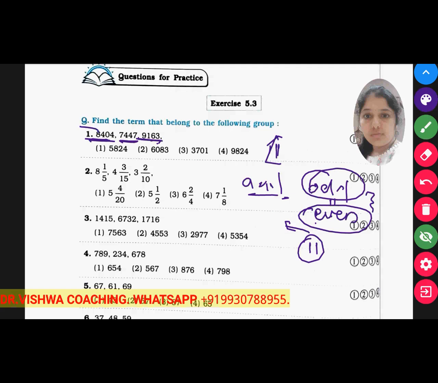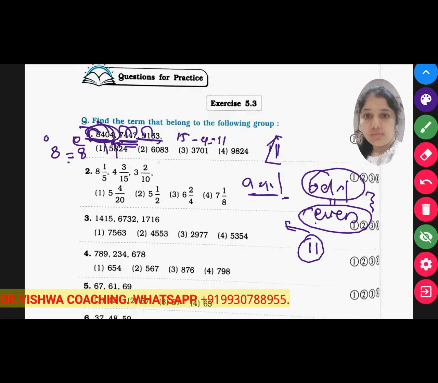Here, 8 and 0 are in the odd places and 4 and 4 are in the even places. So 8 and 8 is the total of odd and even, they are equal, so this number is divisible by 11. Now 7 and 4 and 7, their total is also equal, so this is also divisible by 11. 9 plus 6 is 15, 3 plus 1 is 4, and their difference is 11, which is divisible by 11.